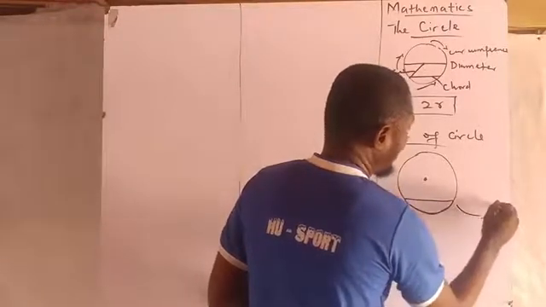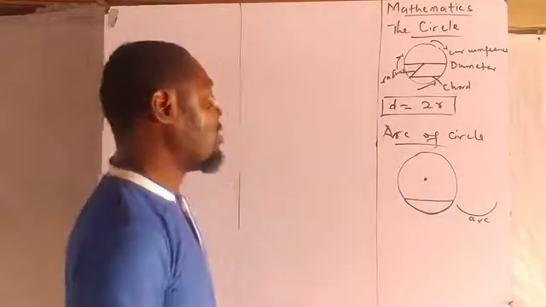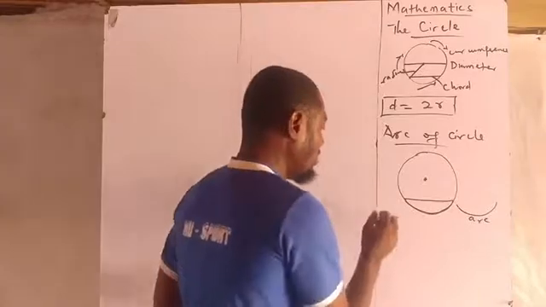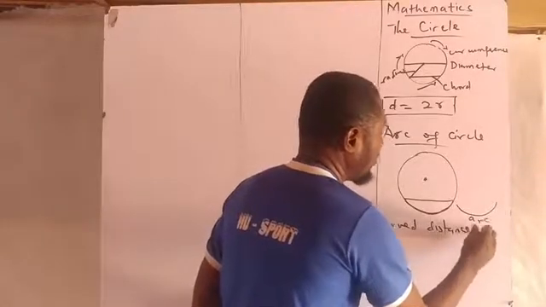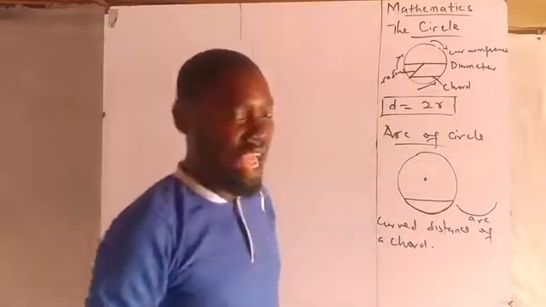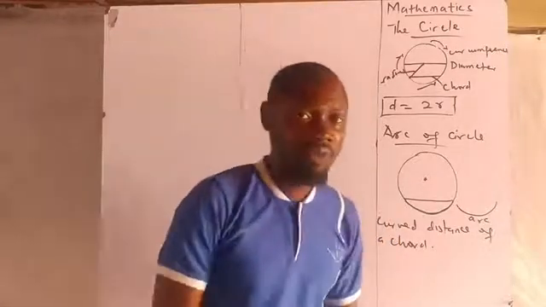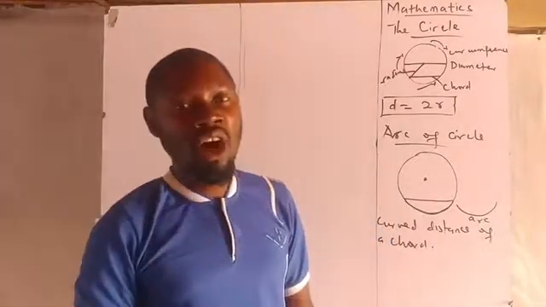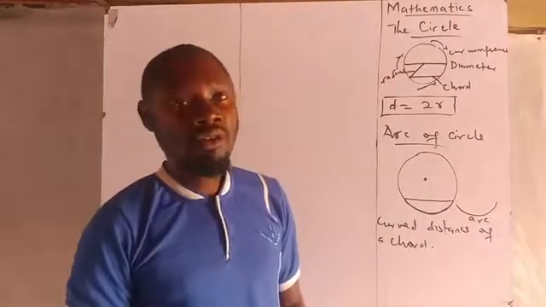That is the arc, the arc of the circle. The curved distance of a chord is called the arc of the circle.